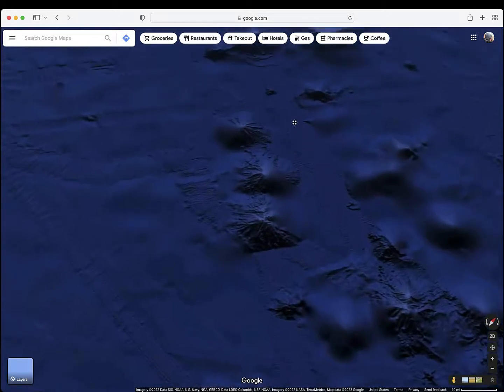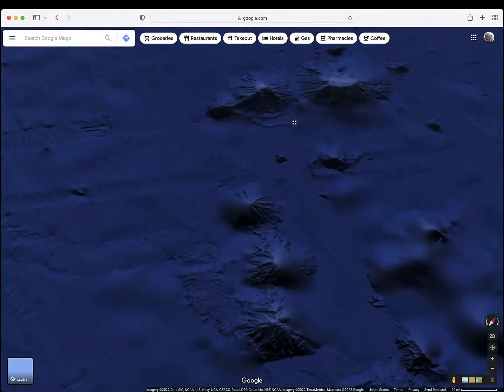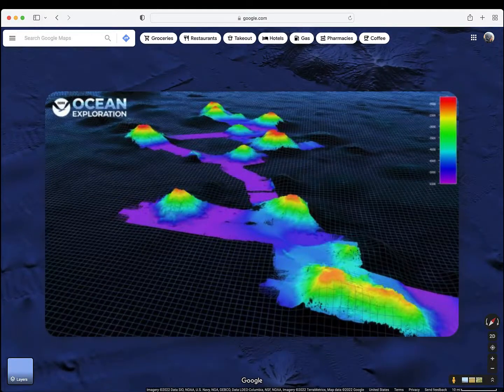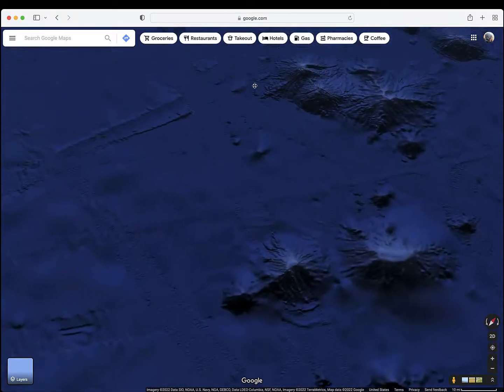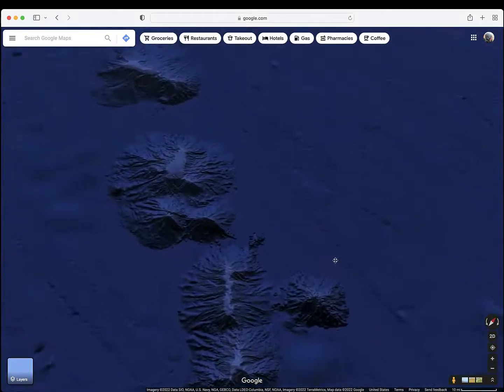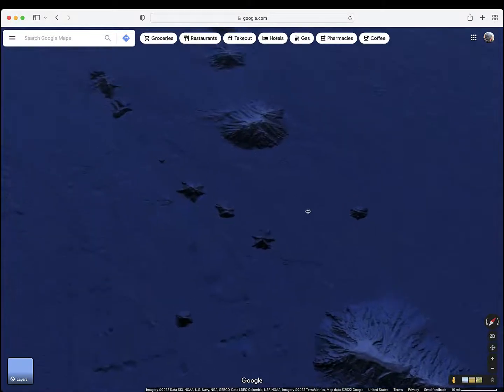Over 30 volcanic mountains exist along this seamount chain, with the major peaks rising as much as 4,000 meters above the surrounding abyssal plain. Many of the larger seamounts rise to the relatively shallow depths of 1,000 to 2,000 meters below sea level.